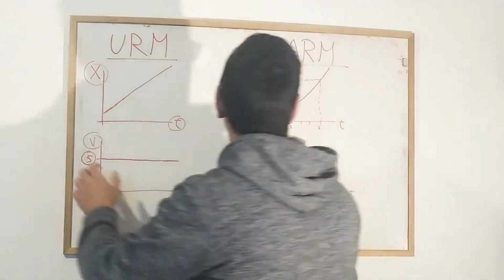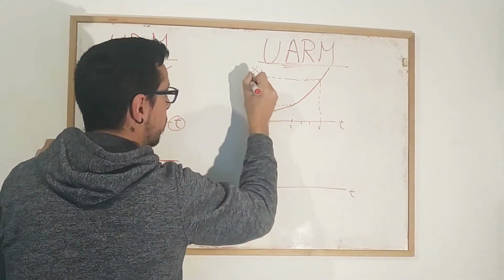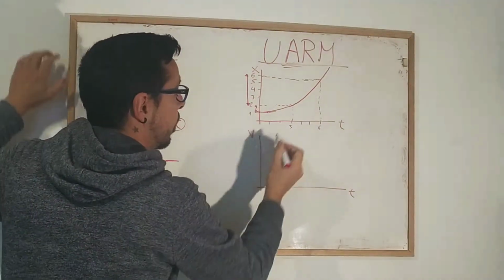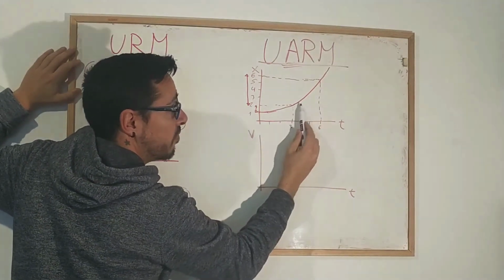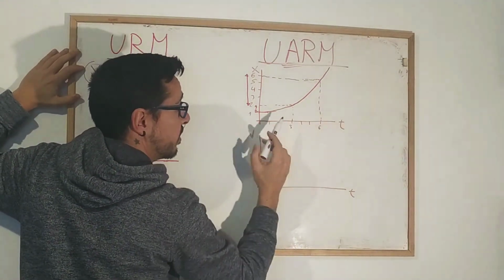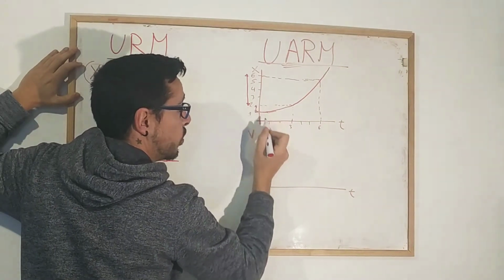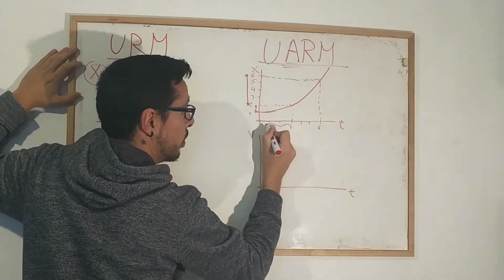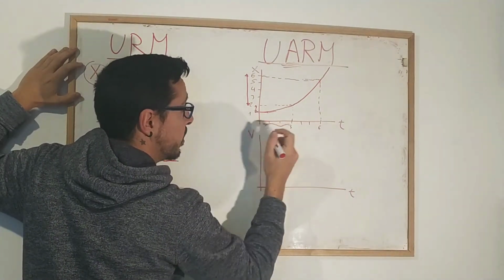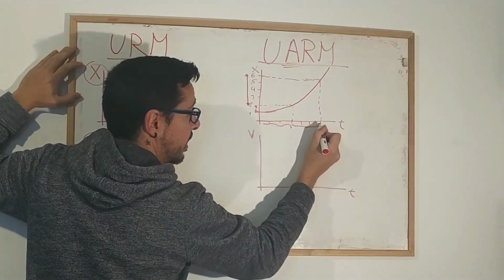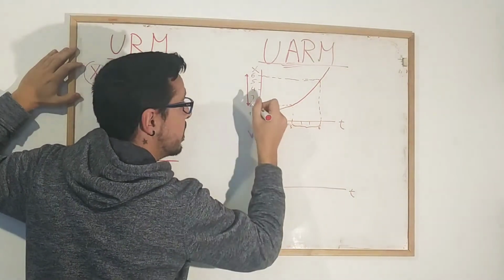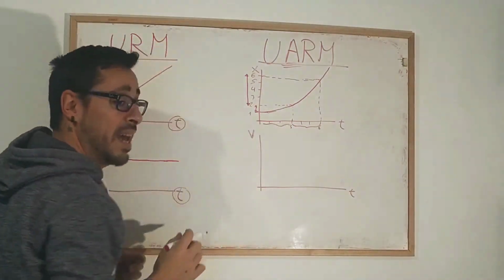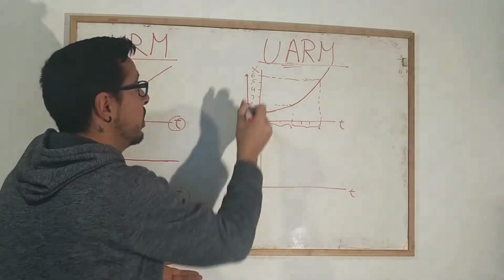It's going to increase from 2 to 6. Can you see that now the object is moving faster? At the beginning, it increased its position in 3 seconds by 1 meter. But here you can see that in the next 3 seconds, it increases by 4 meters. So it's an accelerated movement.